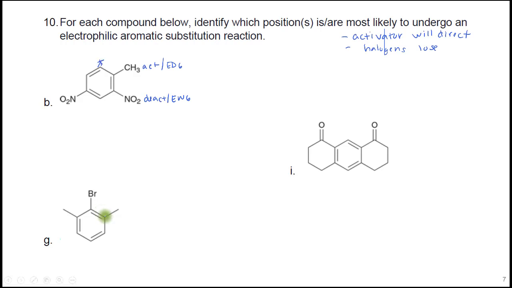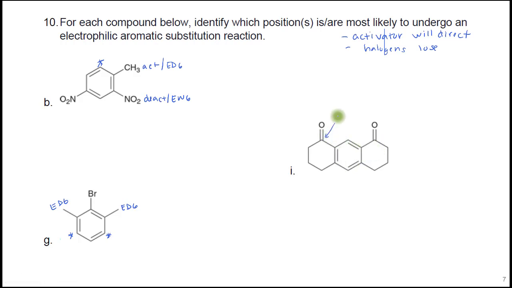In G, we have two electron donating groups and a halogen. The halogen loses, so that one's not directing. We can direct to this para position, which is ortho to the other group, or this para position, which is ortho to the other methyl group. In I, we have all kinds of groups here. The benzene is in the middle.